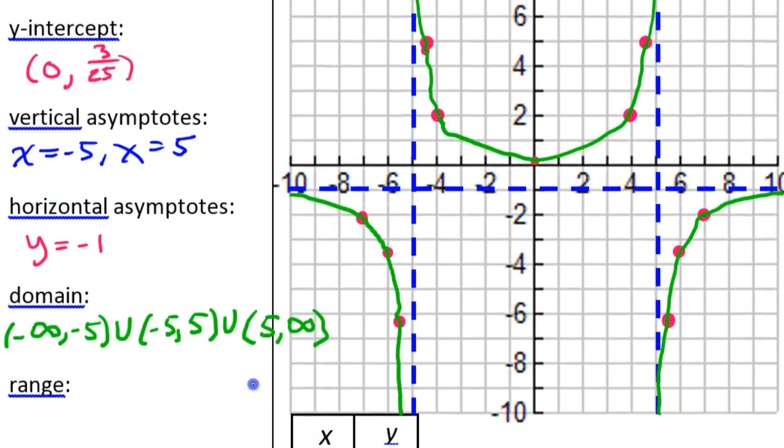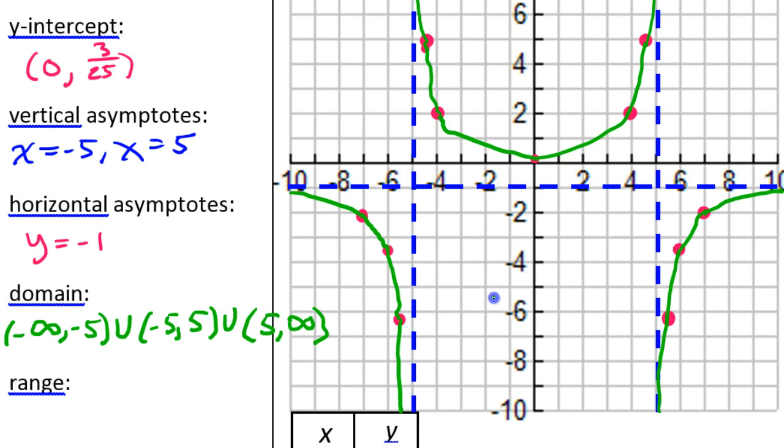Okay, that's the domain. Now the range, we have to be more careful because there are no values at the horizontal asymptote, but it's a little more complicated than that. So the range is the y value, so we're going to look from bottom to top. Now this graph at the bottom goes down to negative infinity, so we're definitely going to start off at negative infinity.